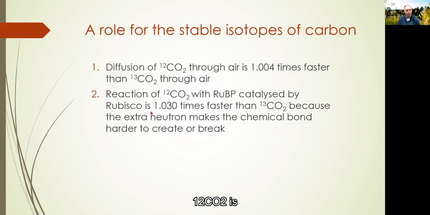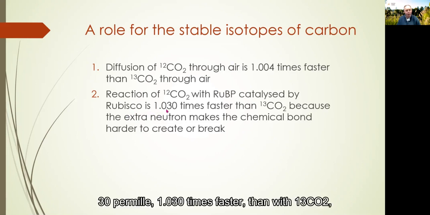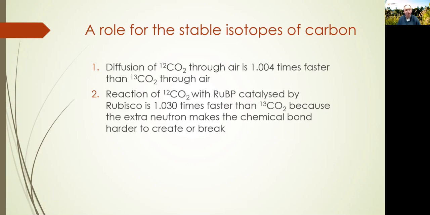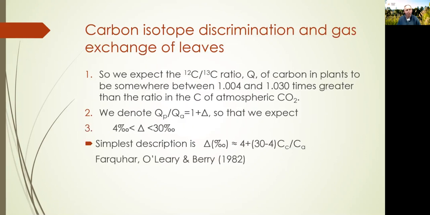And the reaction of 12CO2 is 30 per mil, 1.030 times faster than with 13CO2, because the extra neutron makes the chemical bond harder to create or break. Carbon isotope discrimination, we expect then to be somewhere between 1.004, that's 4 per mil, and 1.030.